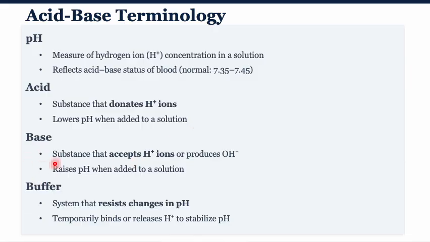A base is a substance that accepts hydrogen ions and produces hydroxide. This will raise the pH when added to a solution. And then buffer: a system that resists changes in pH. It's temporary. It will bind and release hydrogen to stabilize the pH, but only for a temporary moment.